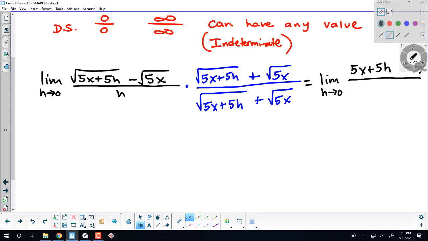On the bottom, do we want to do anything there? Do we want to multiply that h through or just leave it out? Yeah, you leave it out. That's the problem. The denominator is going to 0. If the numerator is going to 0 and the denominator is not going to 0, then that's fine. The result is 0. So it's not that the numerator is 0, it's that the denominator is 0. That's causing us to not be able to evaluate this limit. So like we always did, just leave that out because that thing right there needs to go away at some point if we have hope of evaluating the limit.